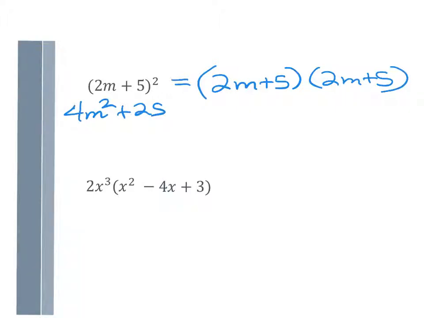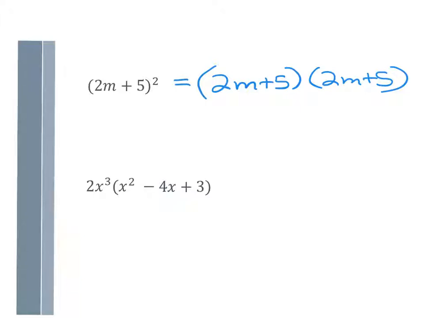By just putting the power of 2 on both of those, you're missing the middle term. So be very careful when you get questions and you have a binomial squared or a trinomial, you're writing it that many times. Now, there is a pattern to this, and we're going to see that when we factor, but for now, we're going to write it 2 times, and then we're going to distribute.